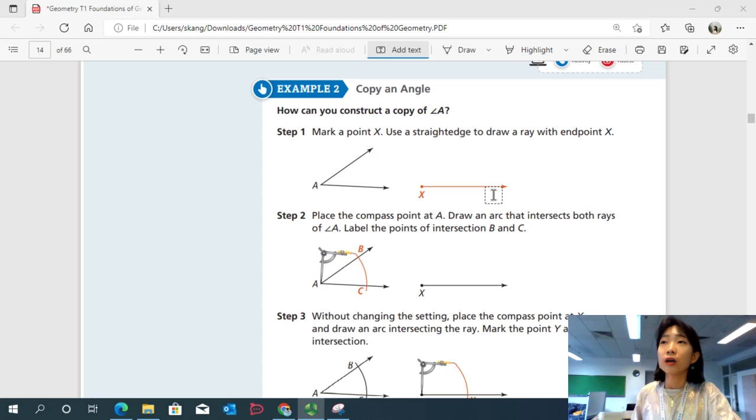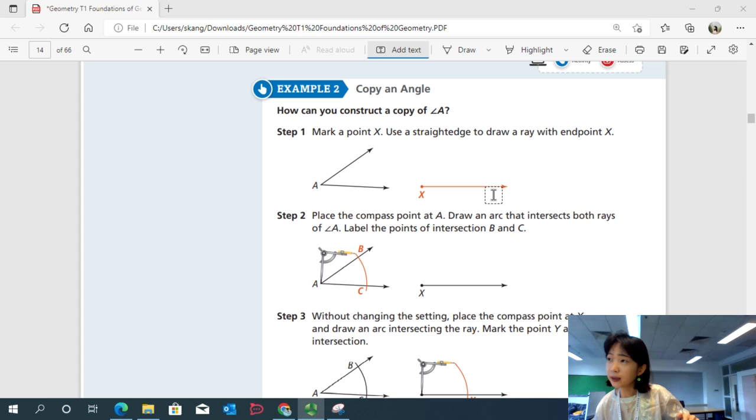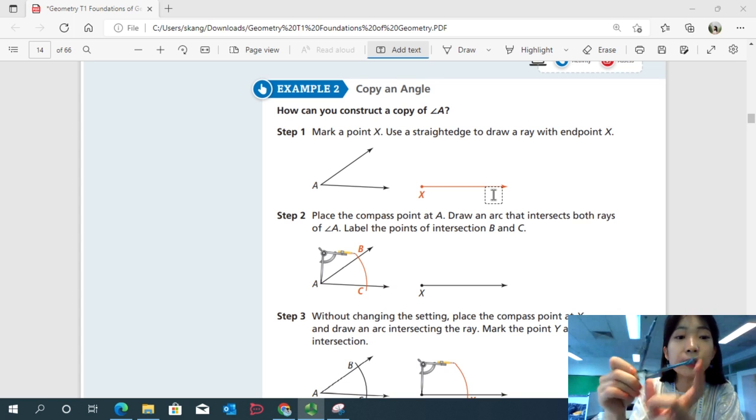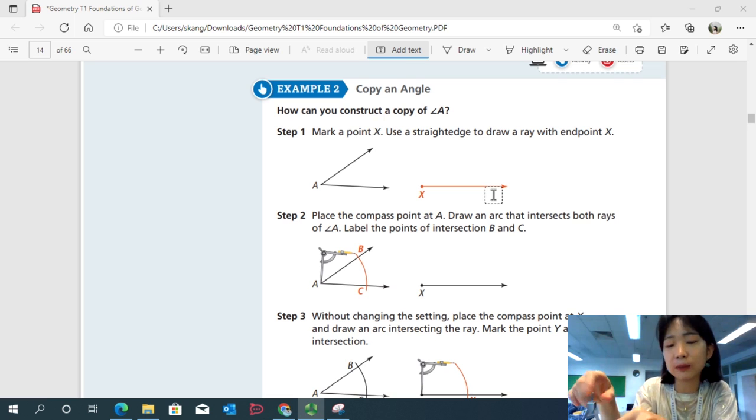Then, step 2, you're going to place the compass at point A. The tip of the compass should be on point A in your textbook. Then draw an arc that intersects both rays of angle A, so that we have an intersection point.